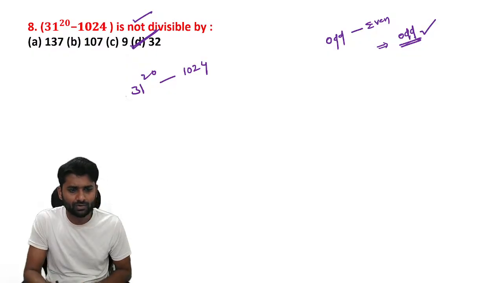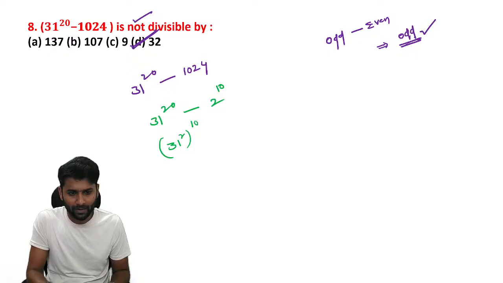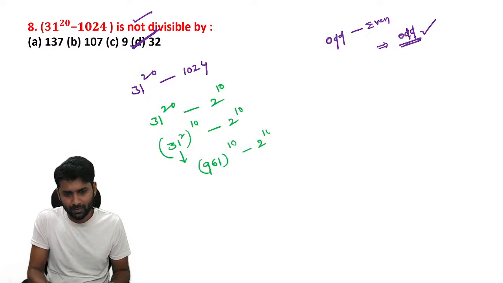Otherwise, if you want to go through the simplification, 31 power 20 minus 2 power 10. Let us take this value. 31 power 20 can be written as 31 square whole power 10 minus 2 power 10. 31 square is 961 whole power 10 minus 2 power 10.